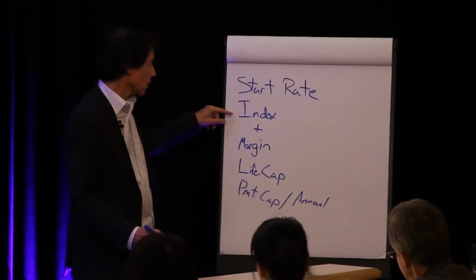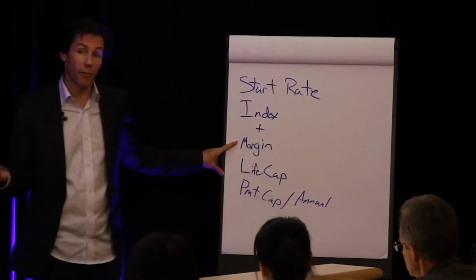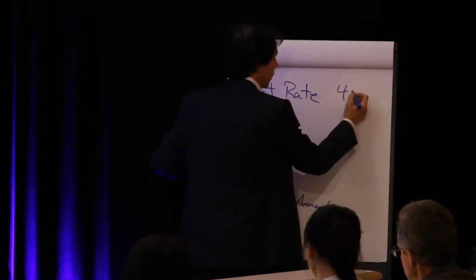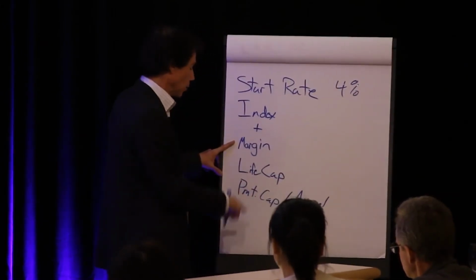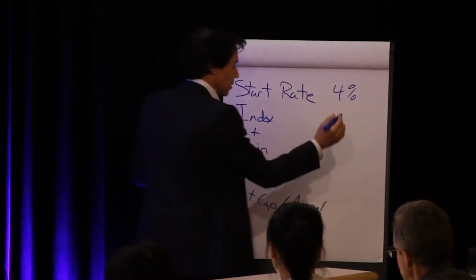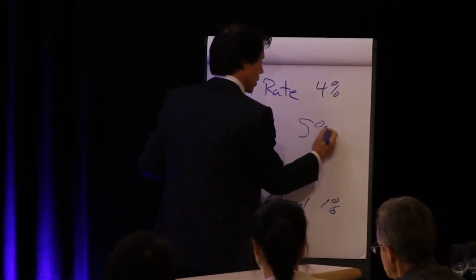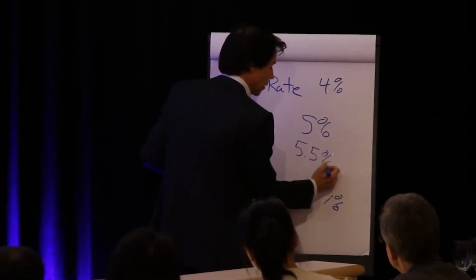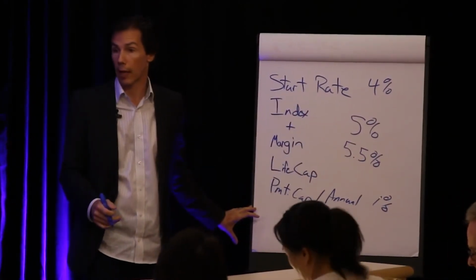So your index plus margin might say it should be 5.5%, but because the start rate was 4, and this is just an example, the numbers will vary, and your annual cap is, say, 1%, then you could only go to 5% when you should be at a fully indexed rate of 5.5% in the example I gave you. And there would be no negative amortization in that case.